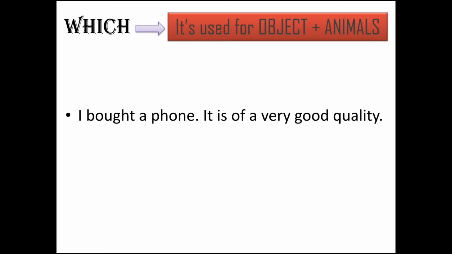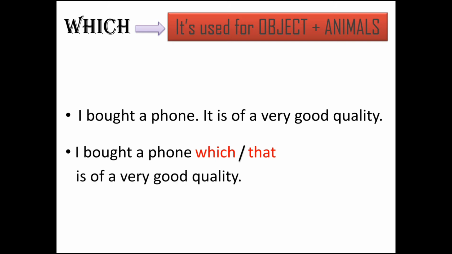So we will join these two sentences using which. I bought a phone, which again, or that. So I bought a phone which or that is of a very good quality.